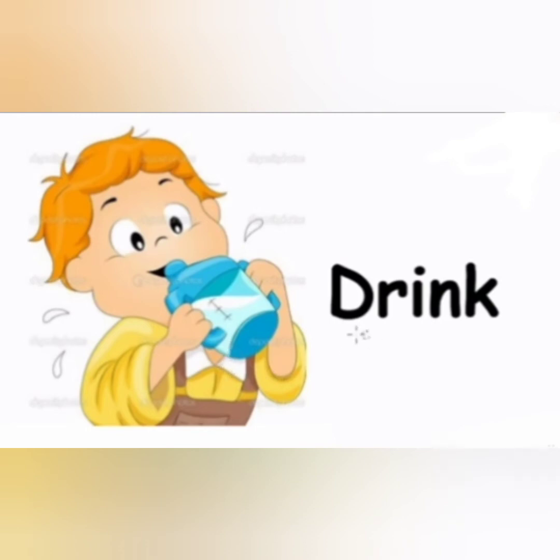The first letter is D, R, I, N, K. Let's read it once again. D, R, I, N, K. Drink. What is it, children? What is the action? Drink.